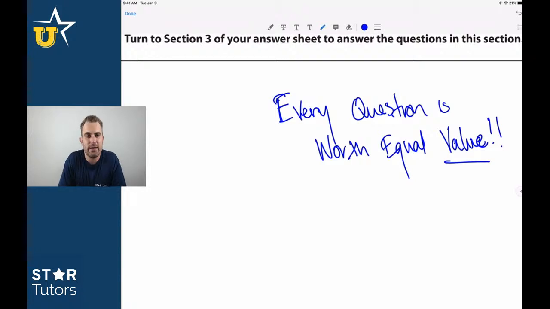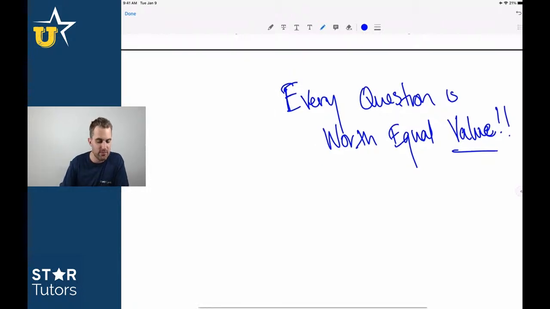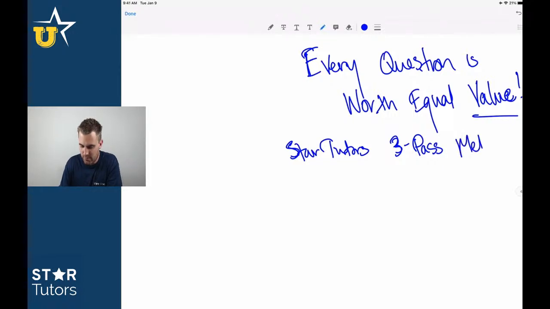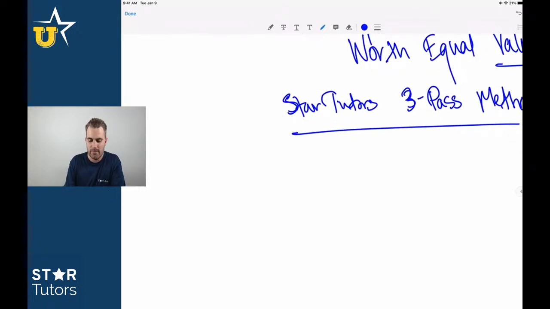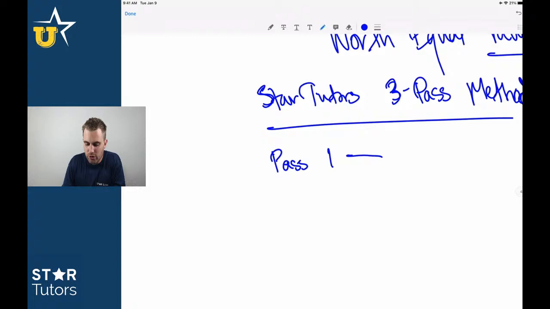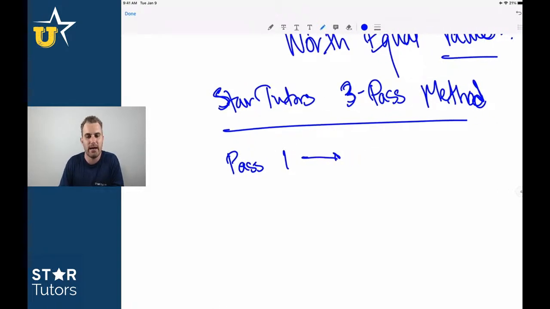I can't stress this enough, if you've seen some of our previous videos, we have what we call the Star Tutors 3-pass method. On pass number 1, you're going to go through the no calculator section, though it probably won't take the whole section, and look for the 5 easiest questions you could possibly see.